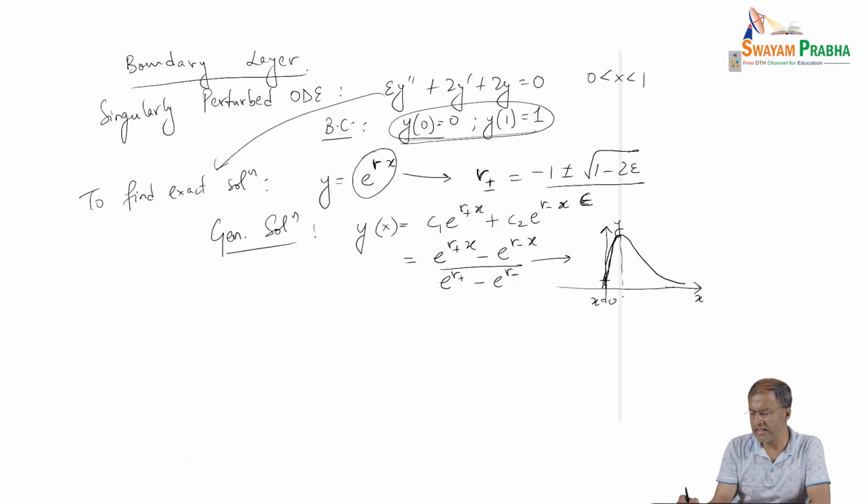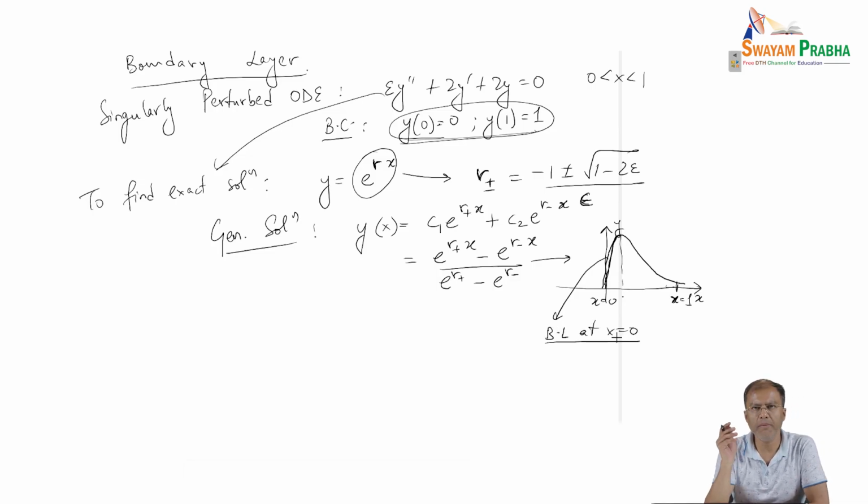That is, the function changes more rapidly near x equal to 0 than near x equal to 1. So the function variation is slower near the other boundary x equal to 1. So what have we got? We have the so-called presence of a boundary layer at x equal to 0.